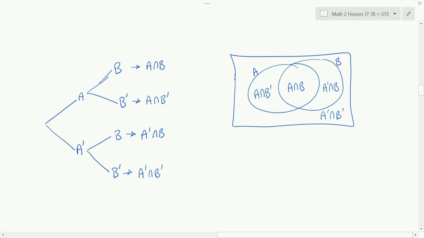And I'm not going to take the time to do this, but you could also fill out those 4 spots in the table and have the same 4, right? And so those are the 4 key things with 2 events.